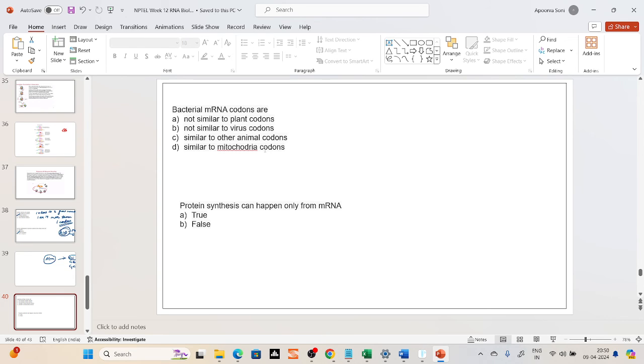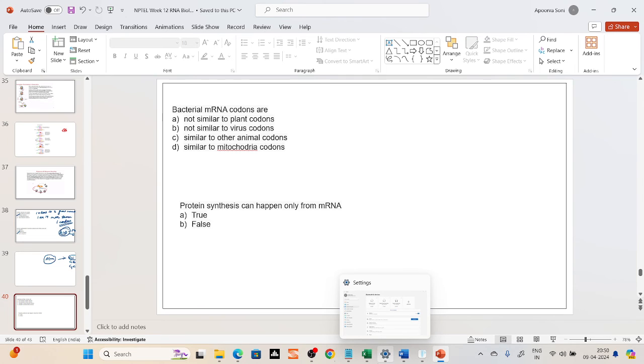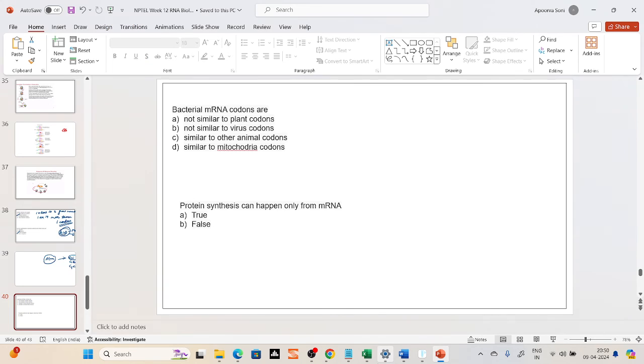Think what can be the answer. Jayara has answered D. Any other answers? Okay, fine. So, bacterial mRNA codons are similar to other animal codons, because suppose AUG codes for methionine in bacteria, AUG also codes for methionine in animals.